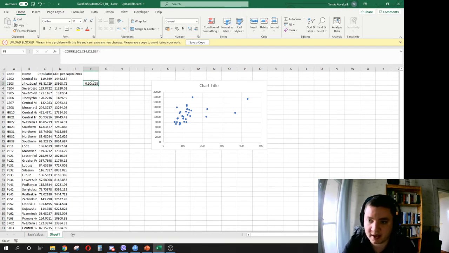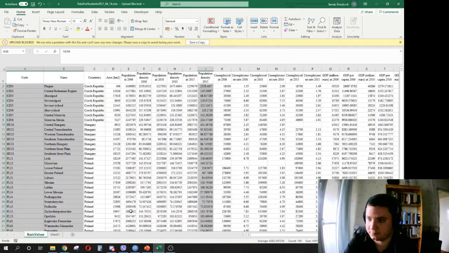So we can measure the degree of the relationship between the economic performance and the population density, so the urban and the rural division as well.